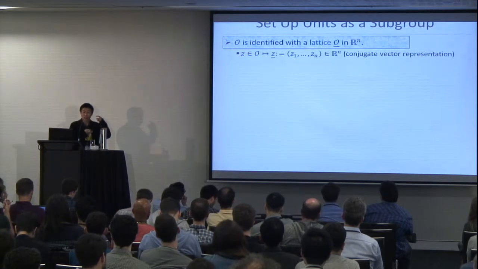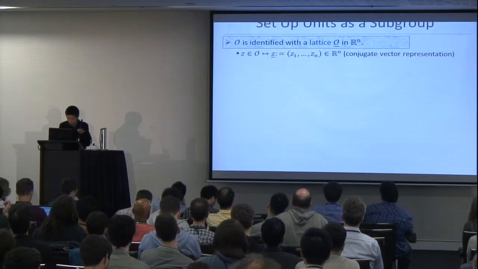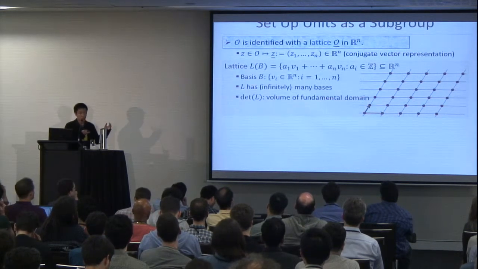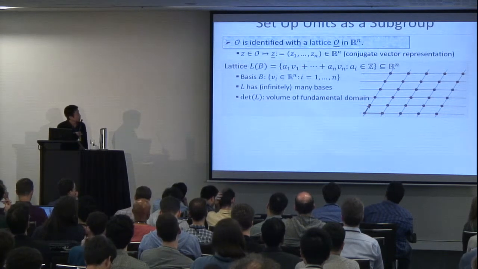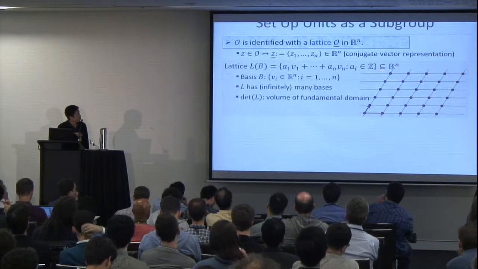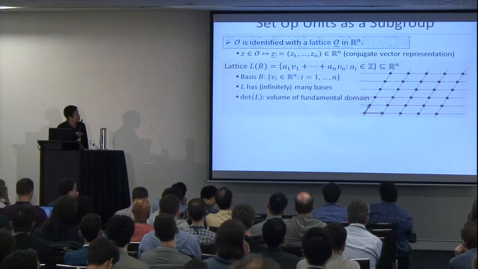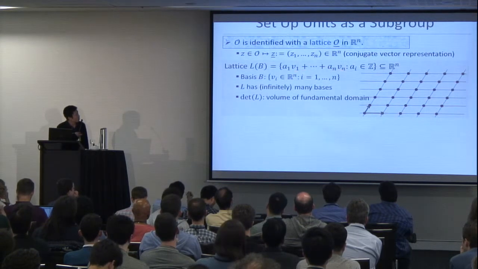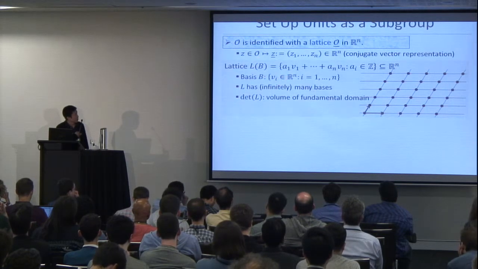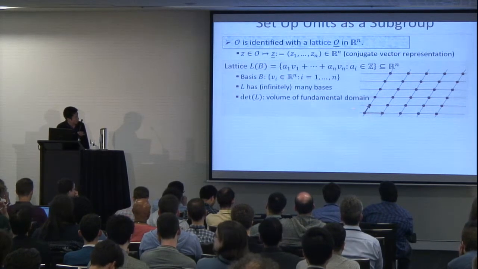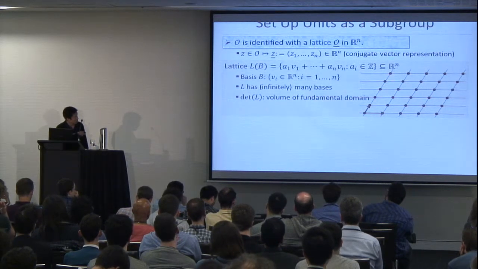I have been talking about the term lattices quite a few times, so let me say a few words about it briefly, just in case this concept is not familiar to you. A lattice is just a discrete subgroup of R to the n. It is an integer linear combination of n linearly independent vectors, and we call these n vectors a basis for the lattice. For example, if you take these 2 vectors, they will generate a 2-dimensional lattice, those little dots.